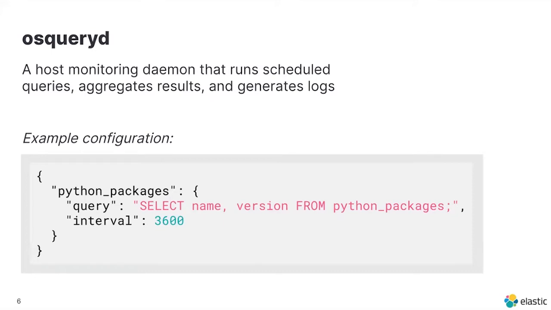Schedules are defined using configurations like this super simple example that tells you what query to run. In this case, it's looking for the name and version of all of the Python packages that are installed. And it tells you how often to run it. This one runs every 3,600 seconds, which if I'm doing my math right, is about an hour. But gosh, how embarrassing that would be if that's wrong. But I think that's what it is.